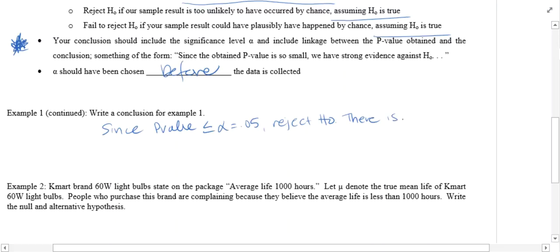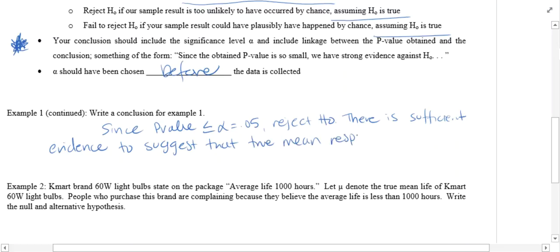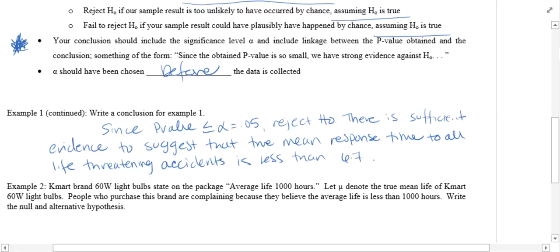So what we're going to say is there is sufficient evidence to suggest that the mean response time to all life-threatening accidents is less than 6.7 minutes.